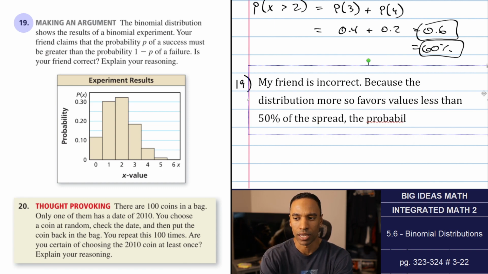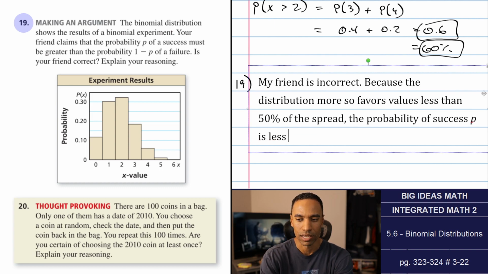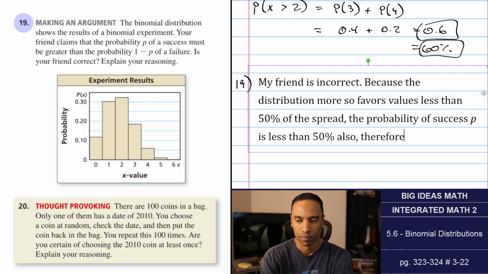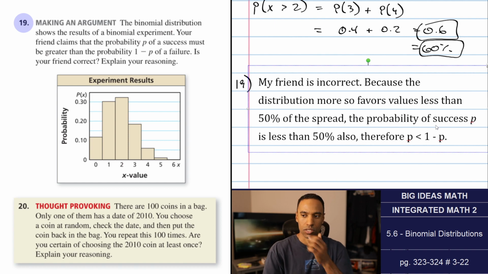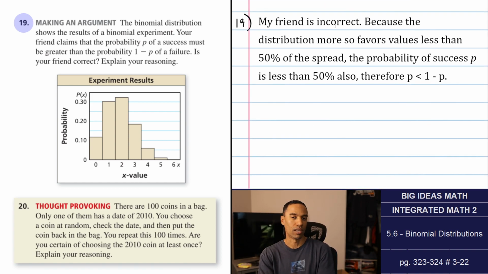The probability of success P, I wouldn't say is likely, but it is less than 50% also. Therefore, P is less than 1 minus P, because 1 minus P needs to be more than 50%, right? These need to add to 100% in this case. So your friend is incorrect in that way.